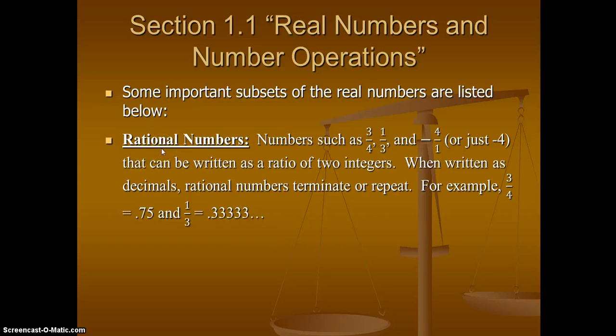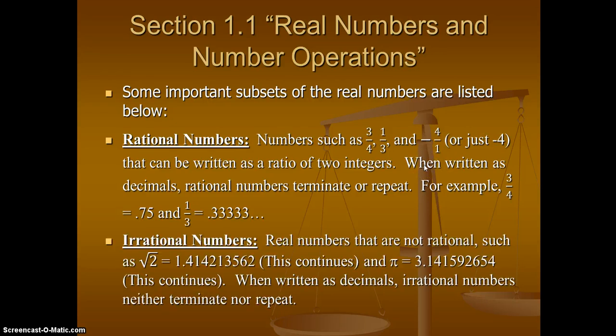They make sense. 0.75 is something that we can concretely get to. 1/3 goes on forever, but it repeats with the same number, so it has some concreteness to it also. This fraction of -4/1 is just -4. -4 stops, so it's also a rational number.